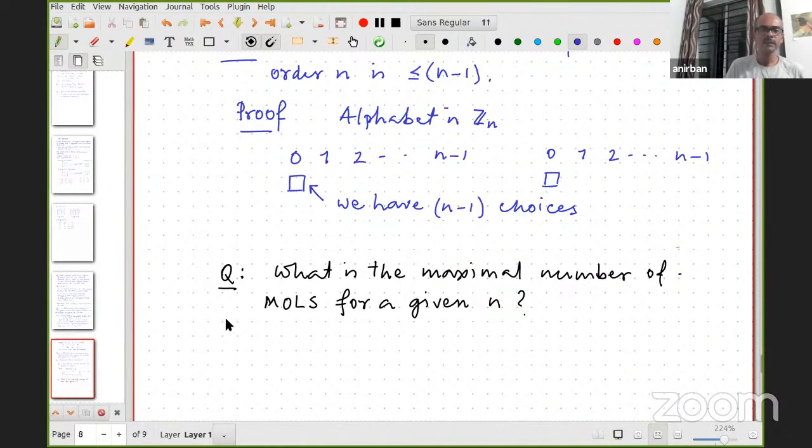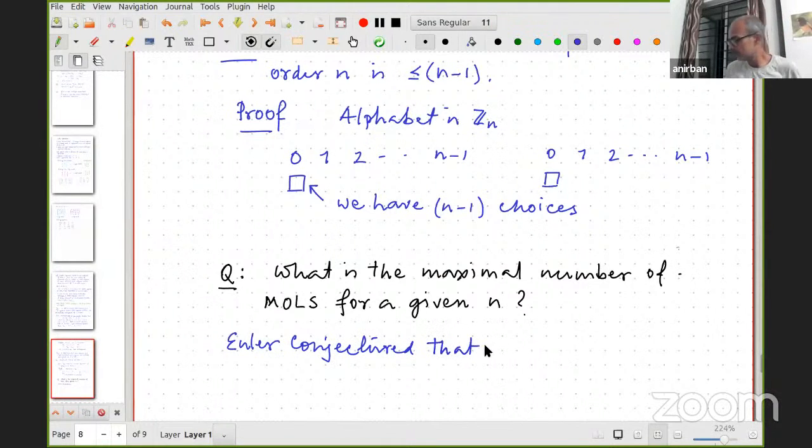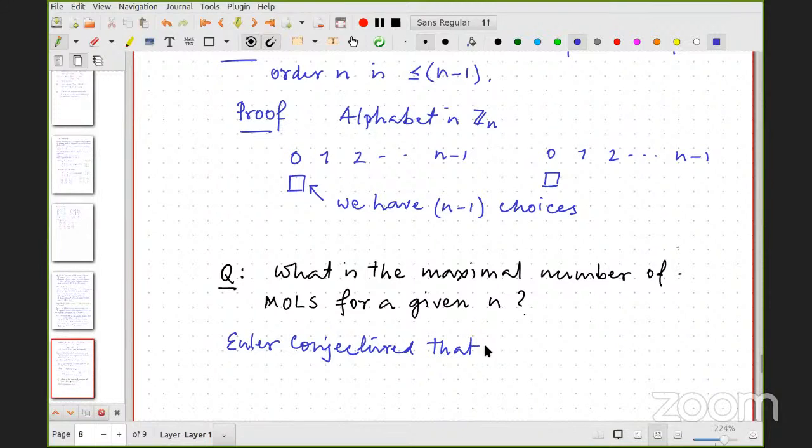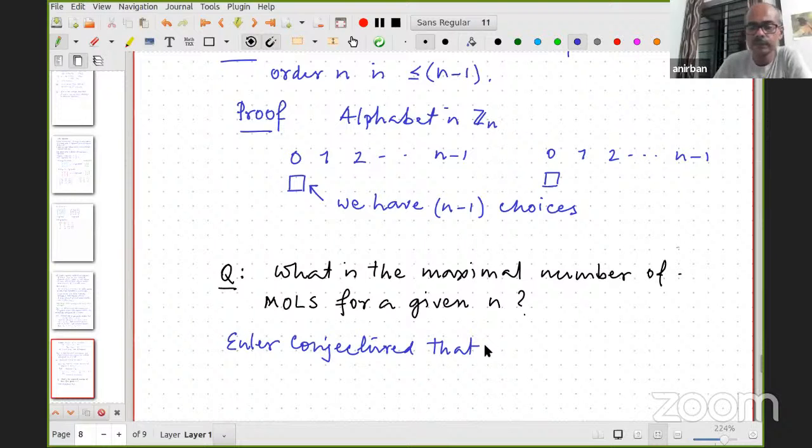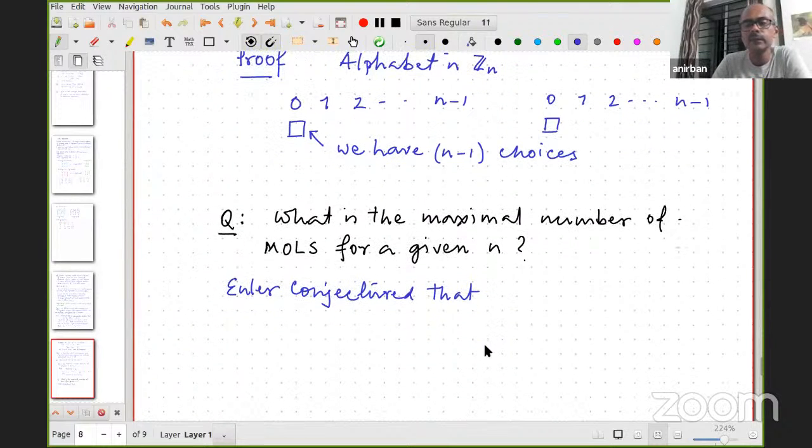So Euler in fact conjectured that, yeah, sorry. So Euler conjectured that, if you want to ask anything, just interrupt.